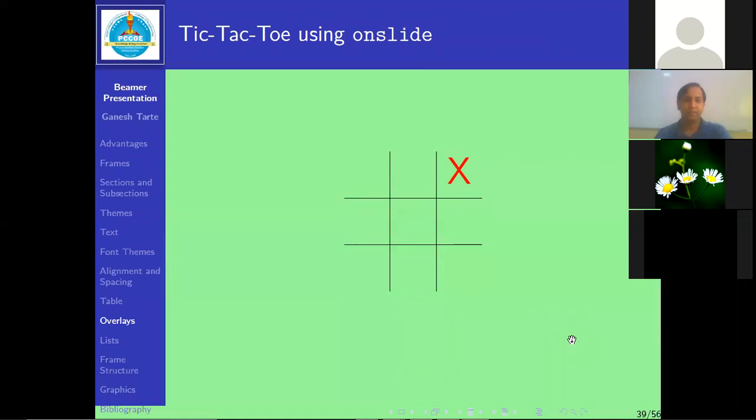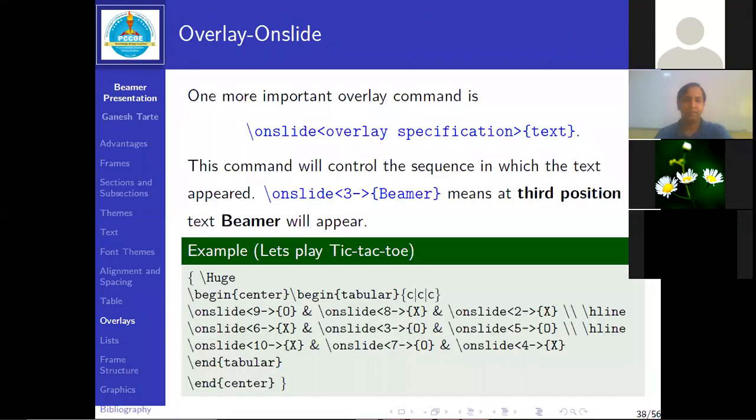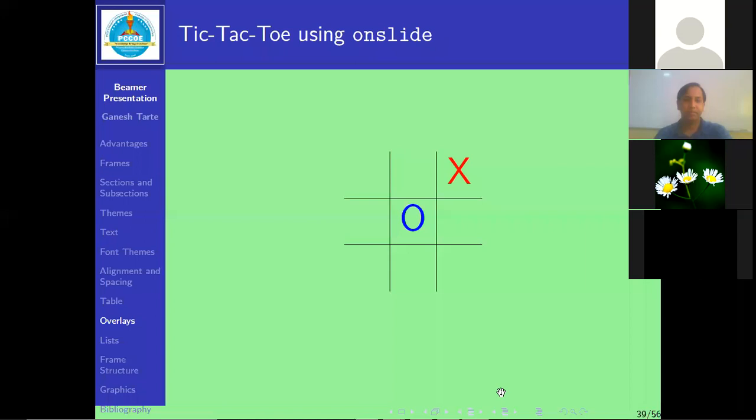The first layer marks the X sign with red color. Then at the third position we get O, then at the fourth position X, at the fifth position we get O, and so on. So it creates that beautiful illusion. So we can jump anywhere. That is again the important one for on slide.